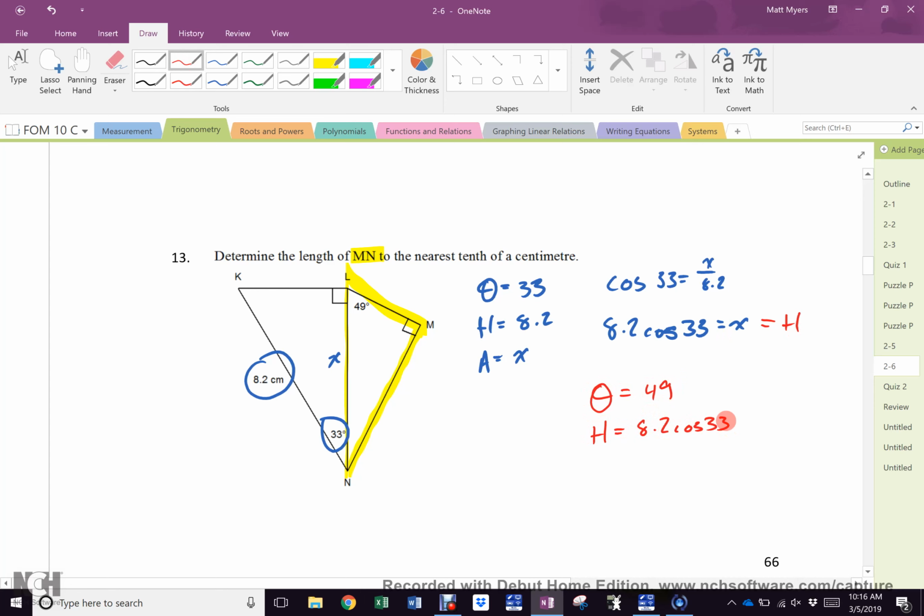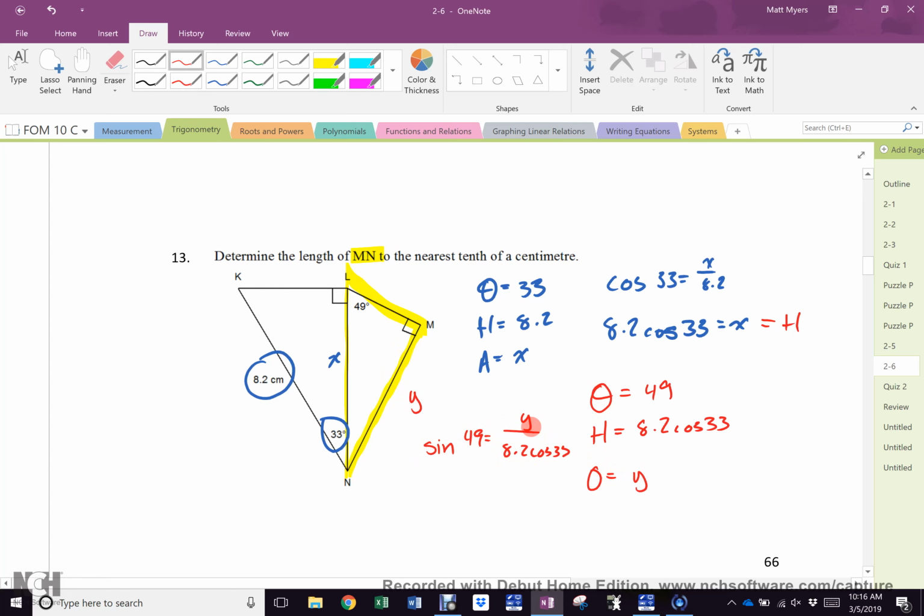And what do I need? I need an opposite, which is my MN. I'm going to make that y. What uses O and H? Sine of 49 is O, y over H, 8.2 cos 33.